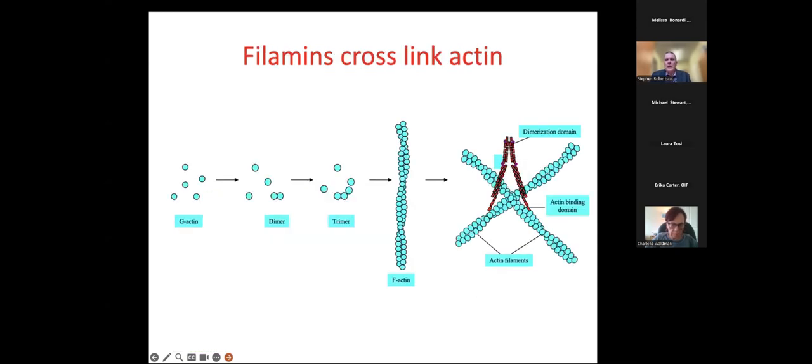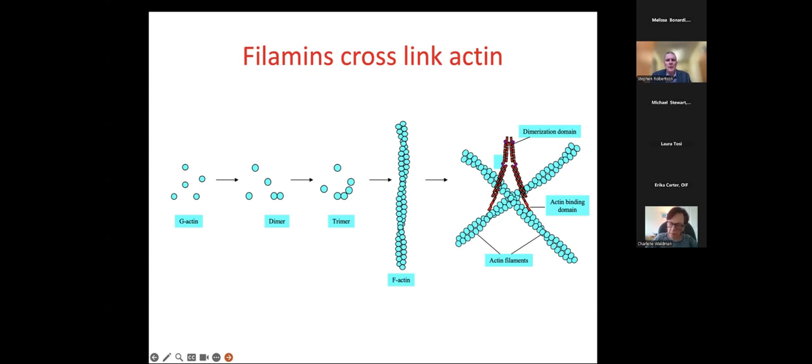What they fundamentally do at their most reductionist level is bind actin. So filamins form dimers, and you'll see the red filamin molecule on the right of this slide dimerize through their C-terminal domain and form these Y-shaped structures. What that structure enables is the binding and cross-linking of actin fibrils.